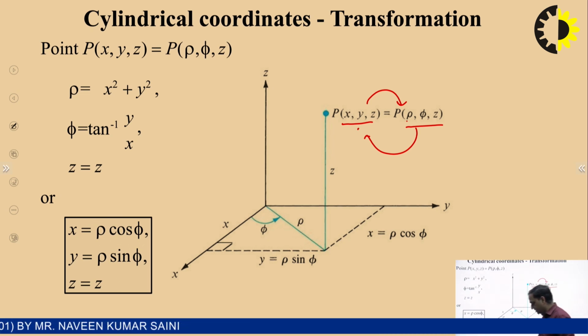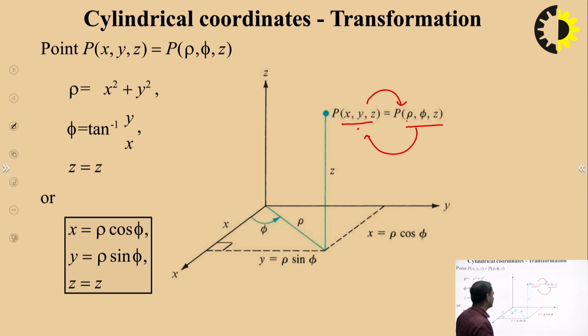By the diagram we can understand this point. The same point P is here, and we represented x, y and z. Rho is the radius of the cylinder, phi is the angle from the x-axis, and z is the same as before, right?